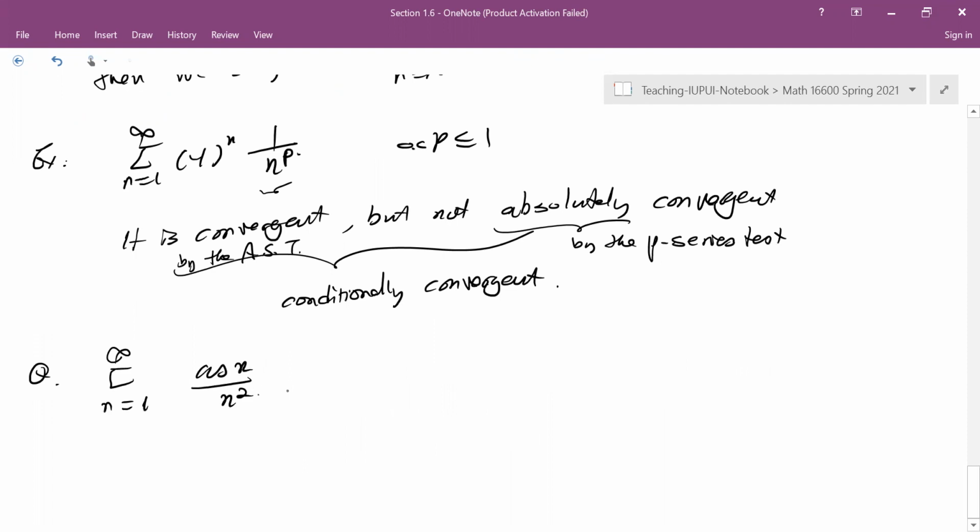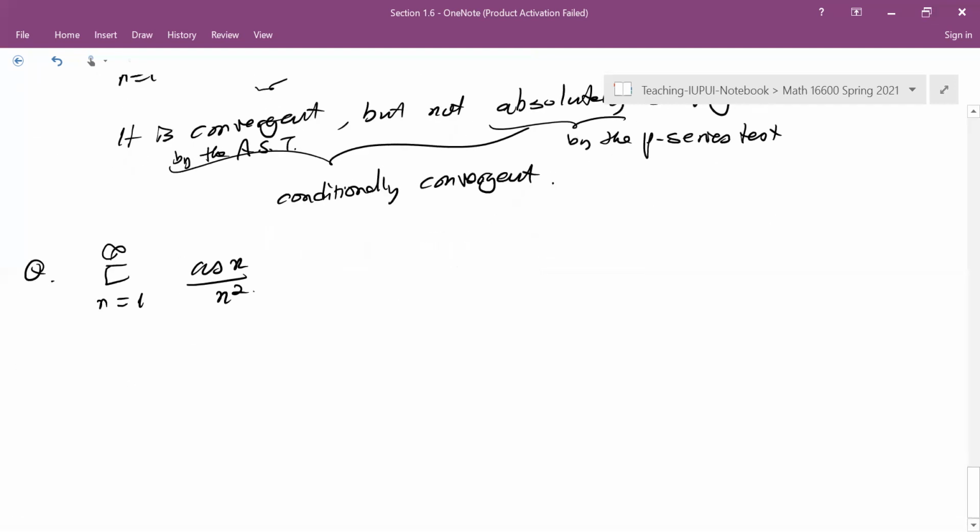Think about how to say whether it is convergent or divergent, and give a proof. Look at this.